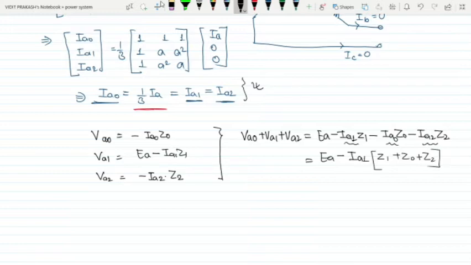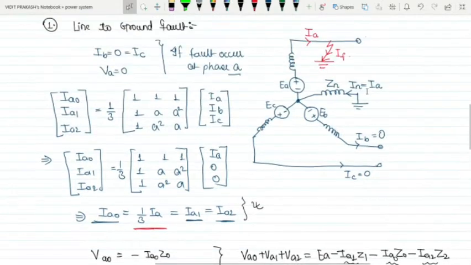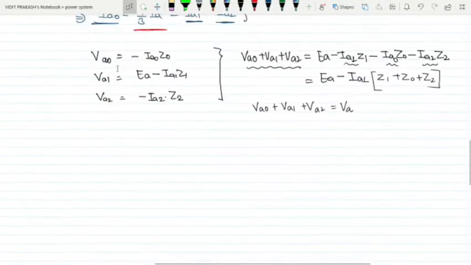Now we all know the summation of all these components will be equal to VA, right? And we all know that VA is equal to 0. Here VA is equal to 0. We have seen the first condition, right?